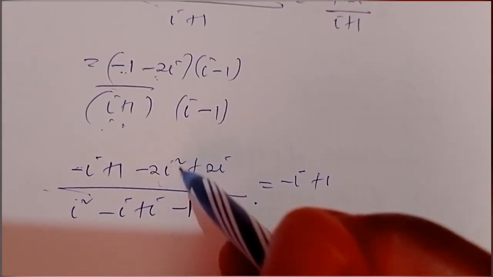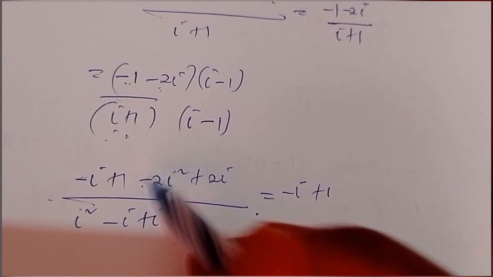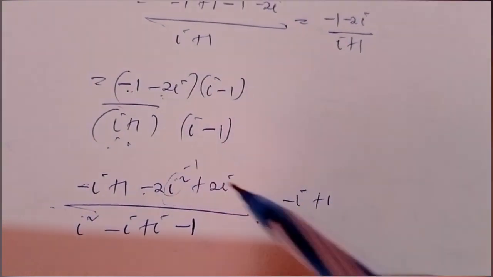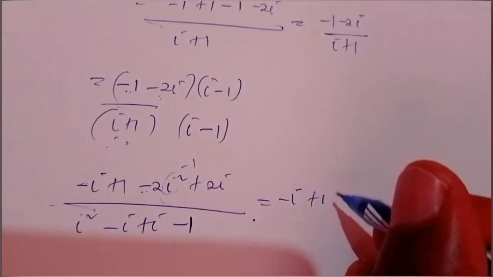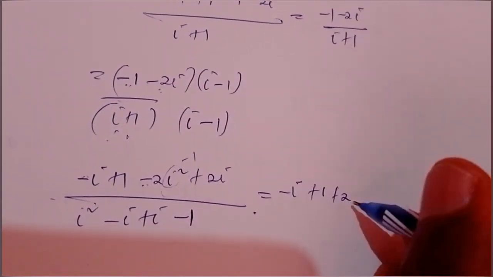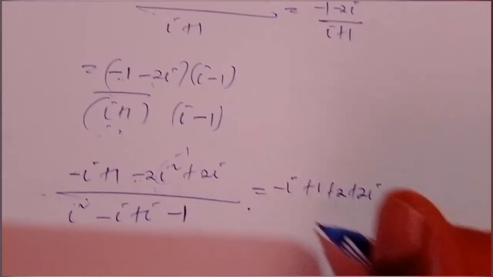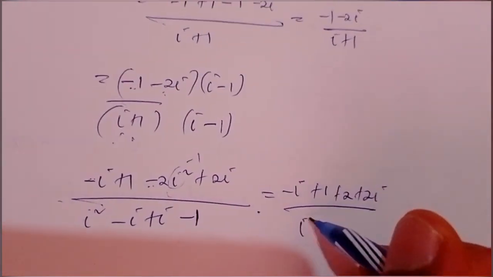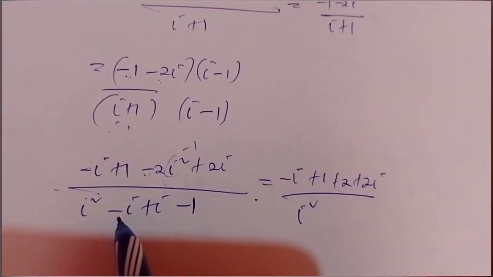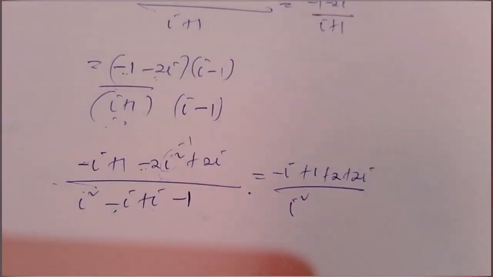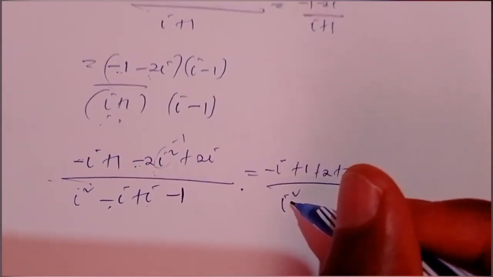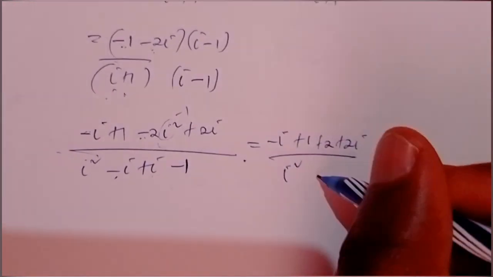This 2i squared, i squared will be negative 1, so negative 1 times negative 2 is positive 2. Then plus 2i over i squared. Remember, negative i plus i goes to 0, so it becomes i squared minus 1.